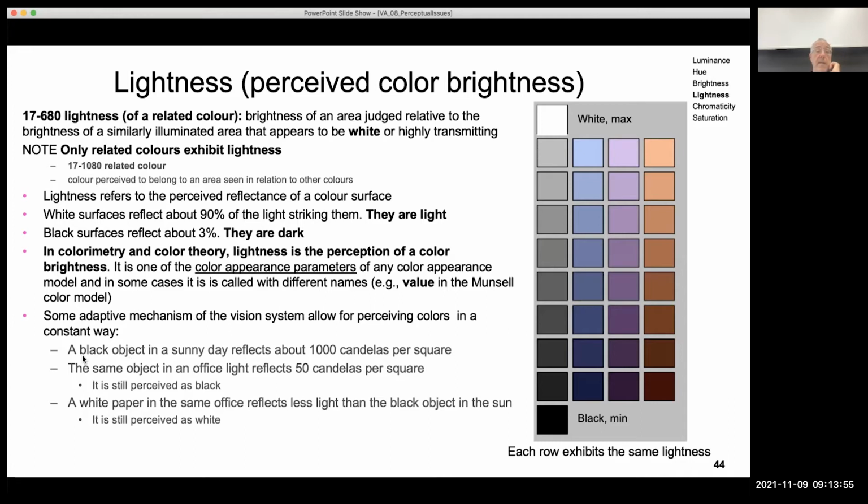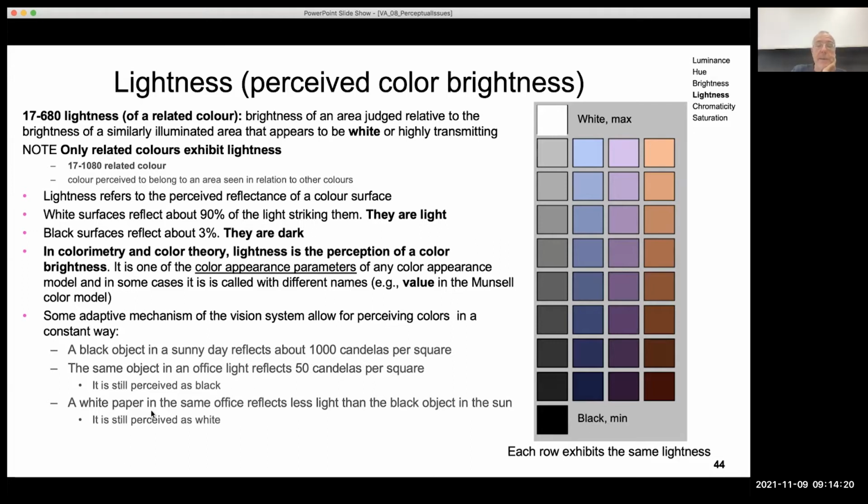Think of something that is black. On a sunny day, it is reflecting 1,000 candelas per square meter. This is a physical measure. If you put this black object in the office light, you go from 1,000 to 50 candelas per square meter, but you still perceive it as black.